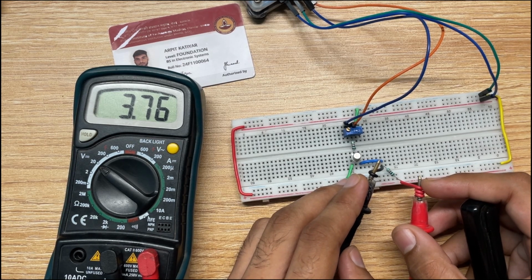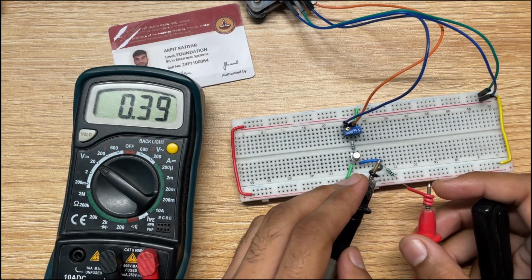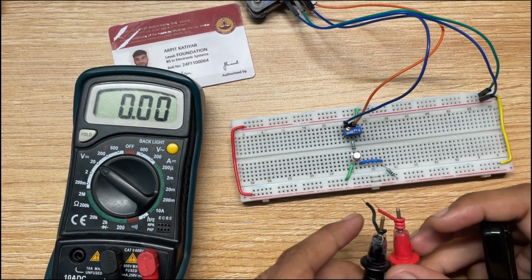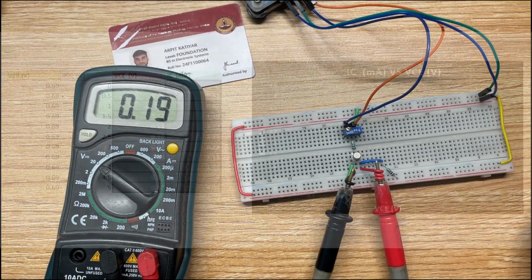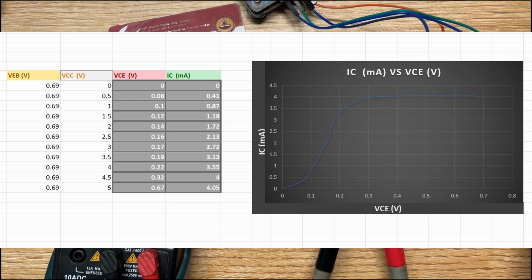That is the IC value. Measuring these values, as you can see, I have plotted the graph. VEB is fixed at 0.69, and VCC is varying in 0.5 steps, and this is the graph of the BJT.